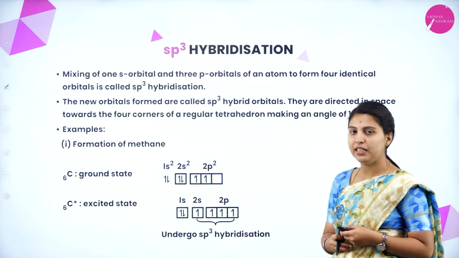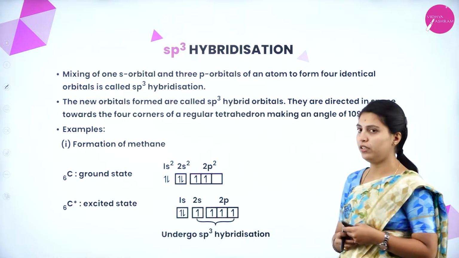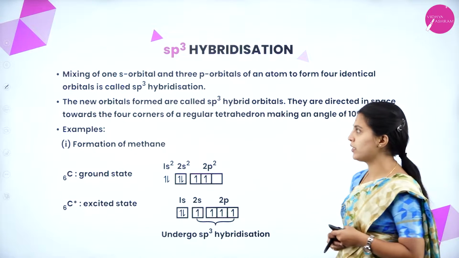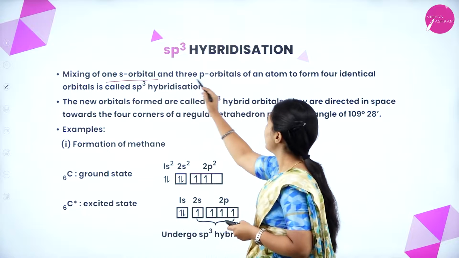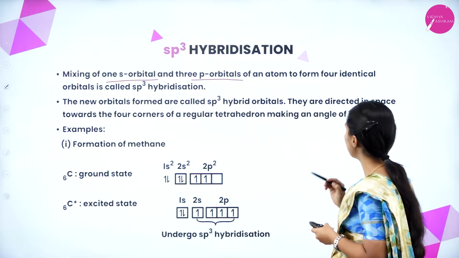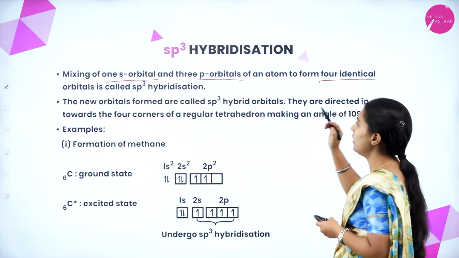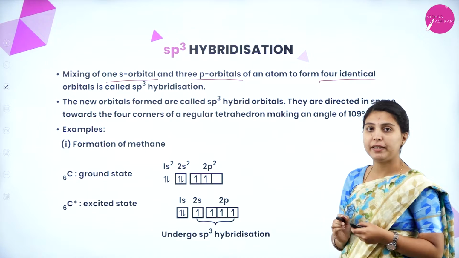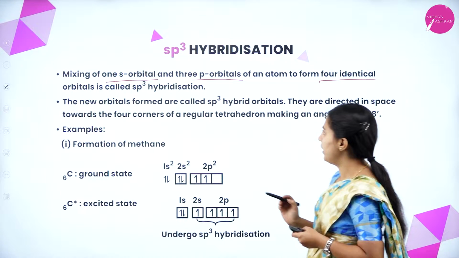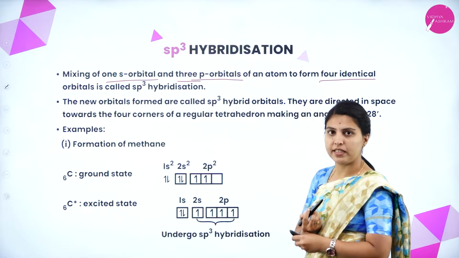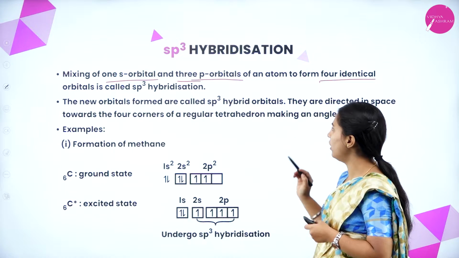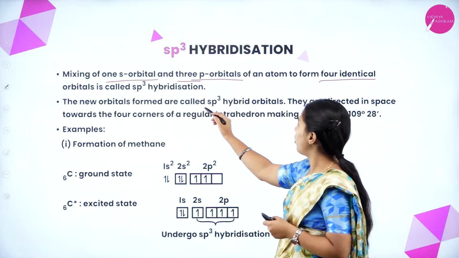First, we'll see sp3 hybridization. That is one kind of hybridization. Mixing of one s orbital and three p orbitals of an atom to form four identical orbitals is called sp3 hybridization. sp3 means one s and three p orbitals should be present. The new orbitals formed are called sp3 hybrid orbitals.